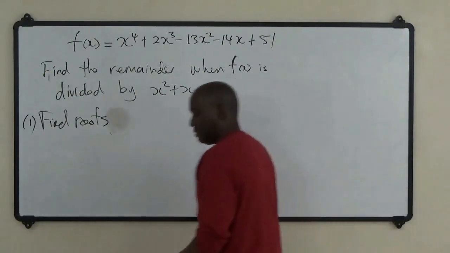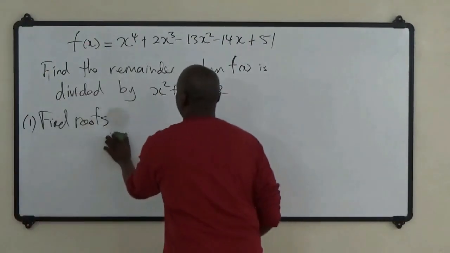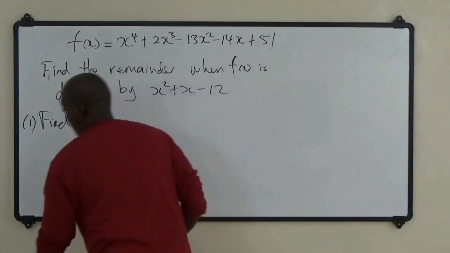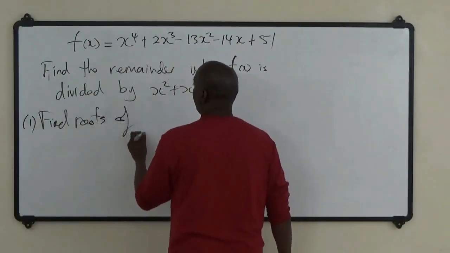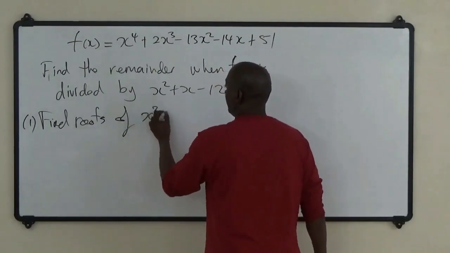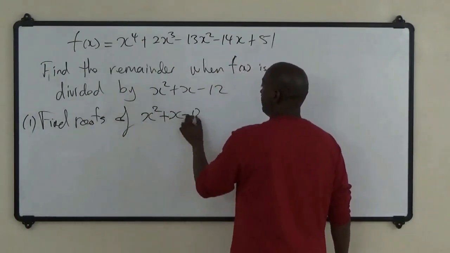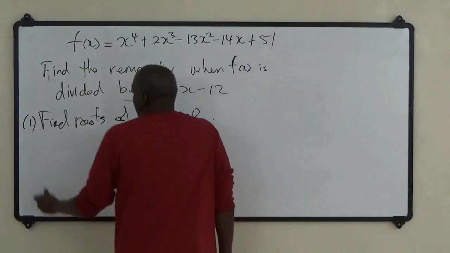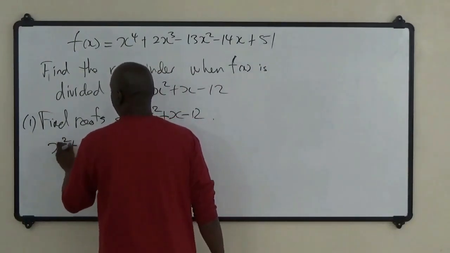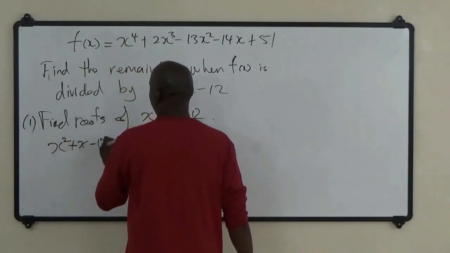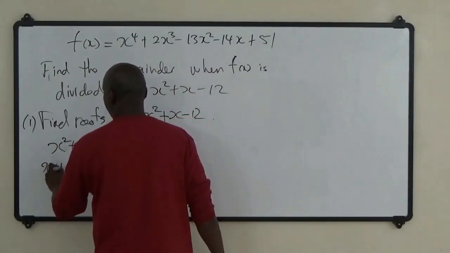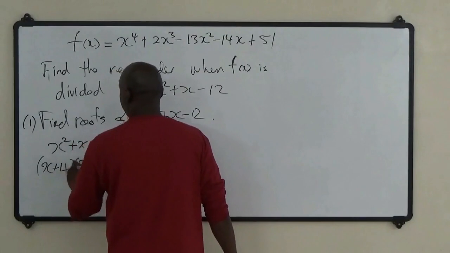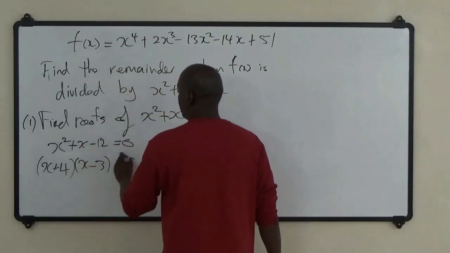Find the roots of x squared plus x minus 12. So x squared plus x minus 12 is equal to 0, which is to say that x plus 4 into x minus 3 is equal to 0.